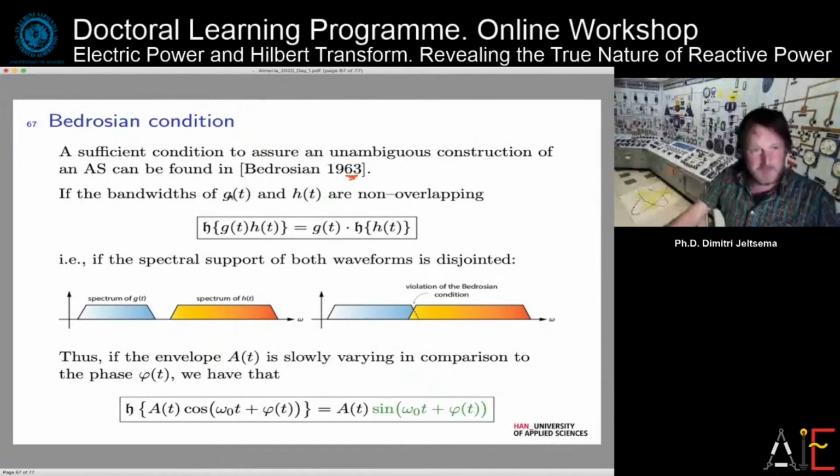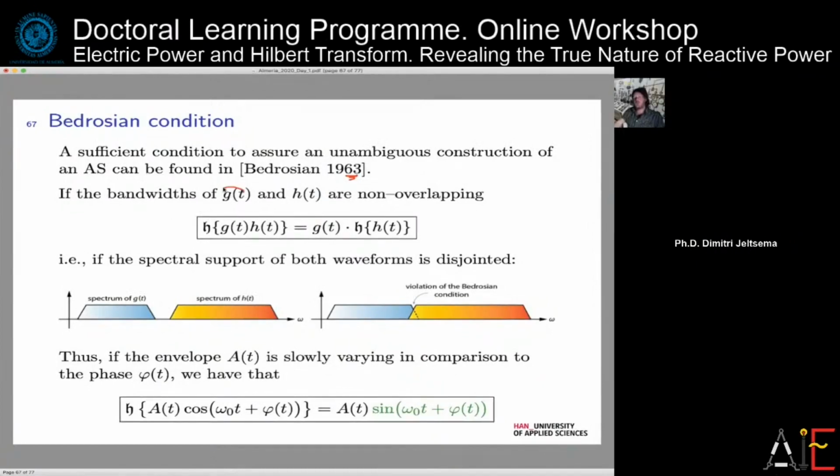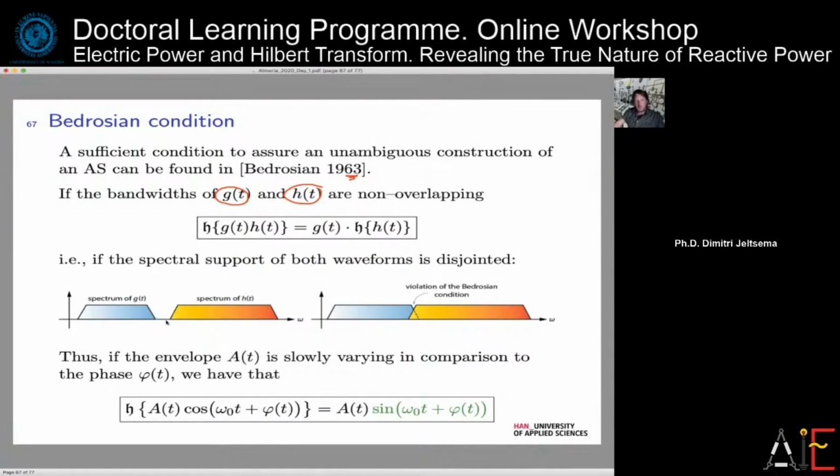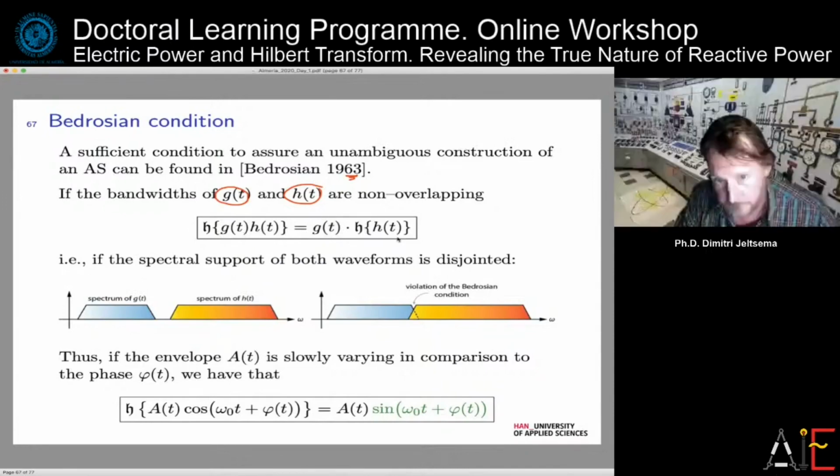Suppose that I have a low pass signal called G and a high pass signal called H. Now, if the spectral support of these two is disjoint, so the low frequency does not overlap with the high frequency stuff in H, then the Hilbert transform of the product of these two signals is given by the low pass signal times the Hilbert transform of the high pass signal.